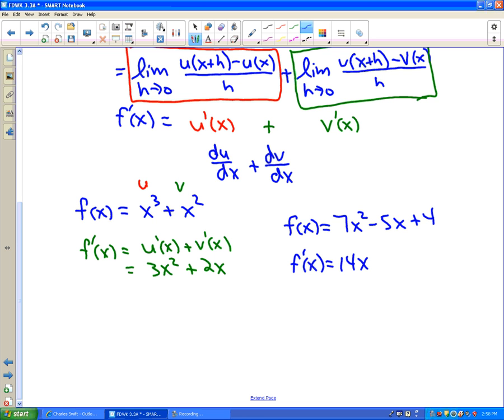Remember, take 7 times the derivative of x squared, minus 5. And then, of course, the derivative of the 4 is 0, so it doesn't show up. So along the parabola 7x squared minus 5x plus 4, the derivative is always equal to 14x minus 5, so that would be the slope of the tangent everywhere along.